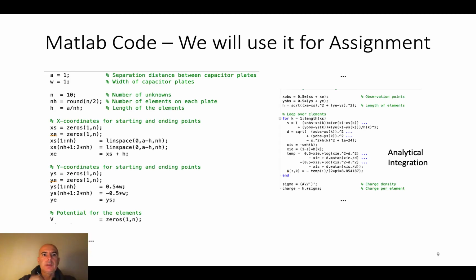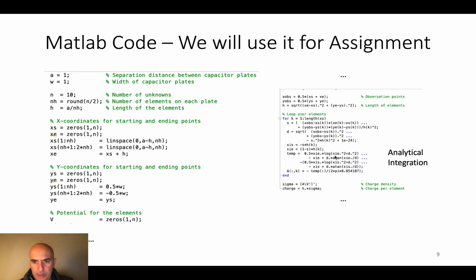So for the assignment, we are going to solve this using the MATLAB codes that consist of basically two files. The first one is setting up the configuration of the capacitor. So we need to set up the distance between two plates, the length of the capacitors, and how many elements we want to have. And then we have a second file that is actually performing the assembly of our matrix A by calculating those integrals. We know the analytical formulation, so we're just plugging it in here.